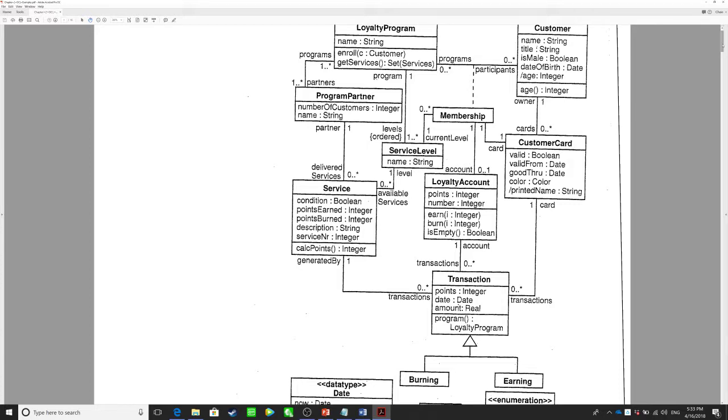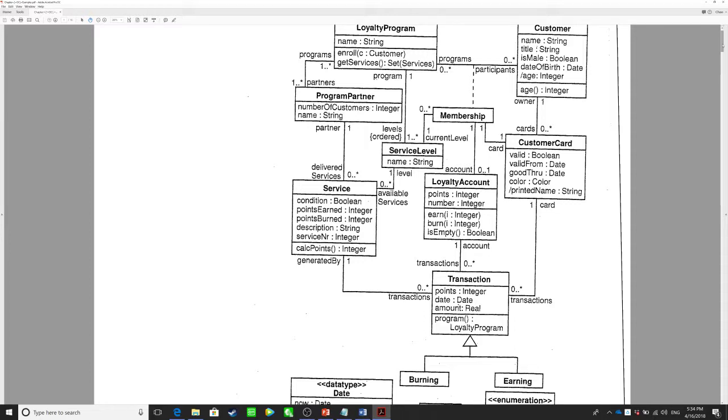Okay, so this is a system built for a fictional company called Royal and Loyal, R&L. From the name, you know what this company does. It basically manages loyalty programs for maybe airlines.